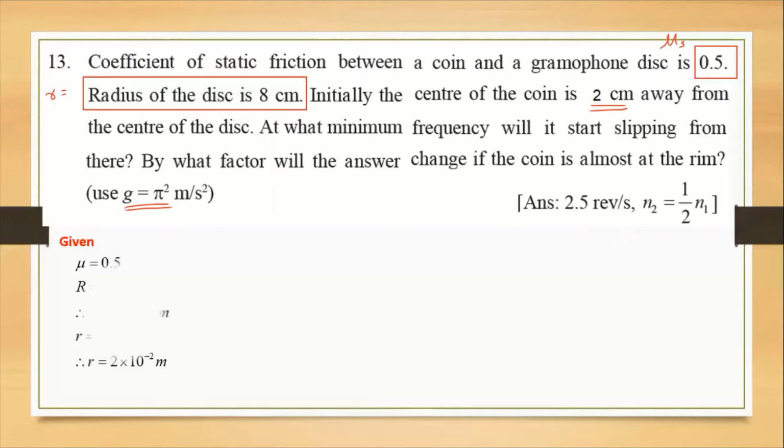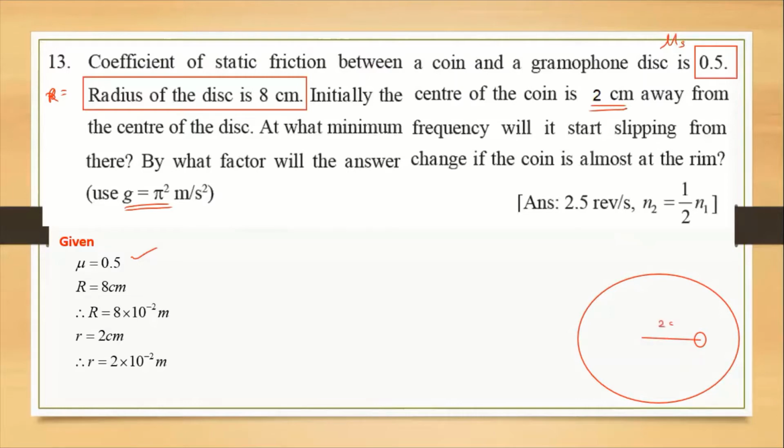Let me write the given. Coefficient of static friction 0.5. So radius of the disc we use capital R. Why capital R? Because pay attention, this is a gramophone disc. Okay? On that disc a coin is there. And the distance of the coin from the center is 2 centimeter.